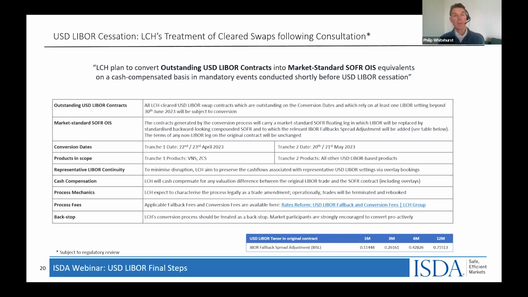They are now part of tranche 2. That gives you a little bit of extra time to deal with those contracts, and also means that they will convert in line with the bulk of the rest of your portfolio. So really variable notionals and zero coupon swaps are the things that are getting converted. And that first conversion is less than 10 days away. It's the weekend after next.